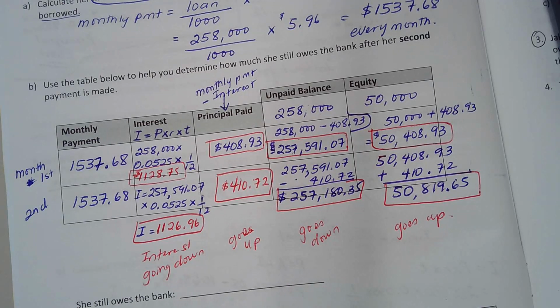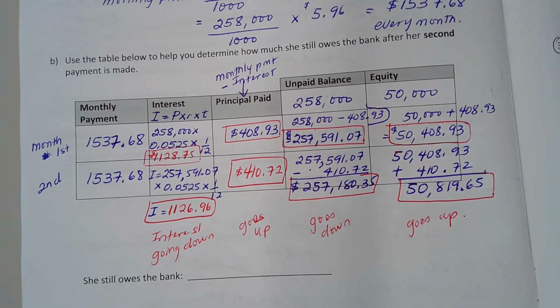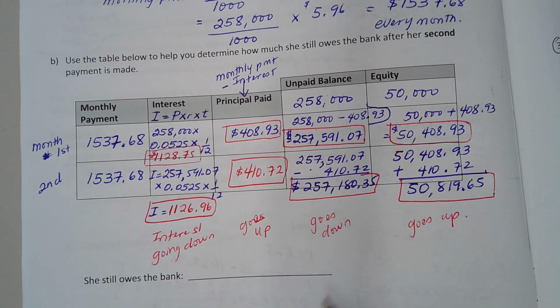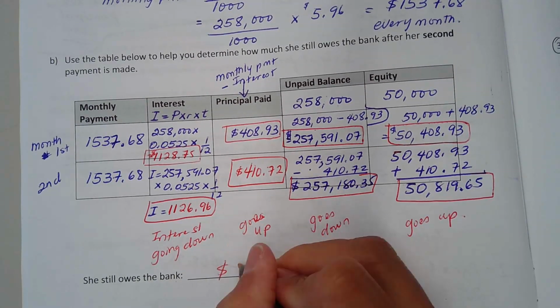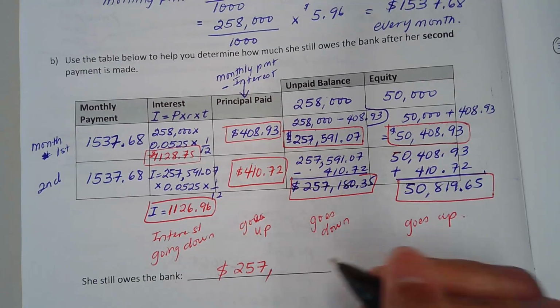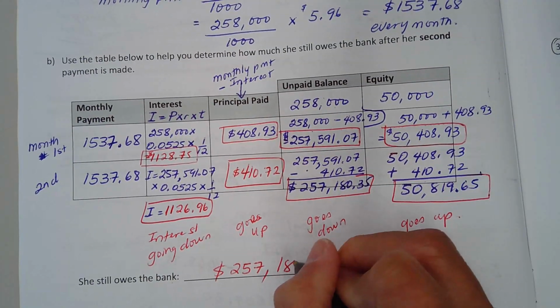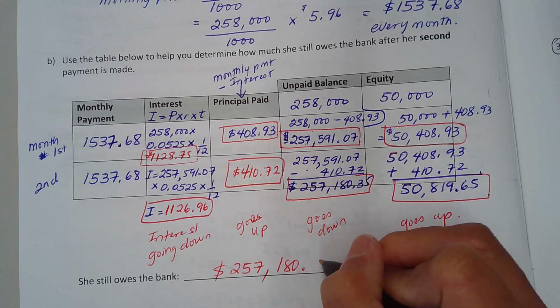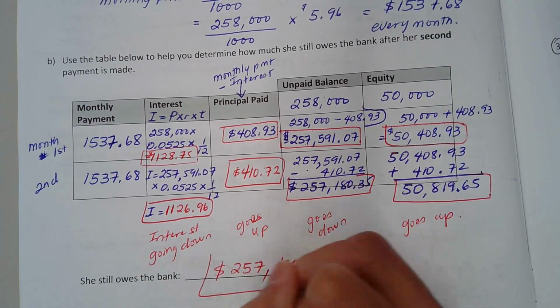So at the end of the second month, after the second payment, our balance still owed is $257,180.35.